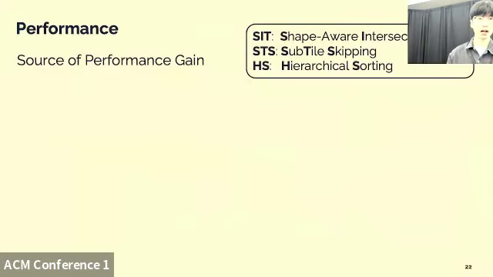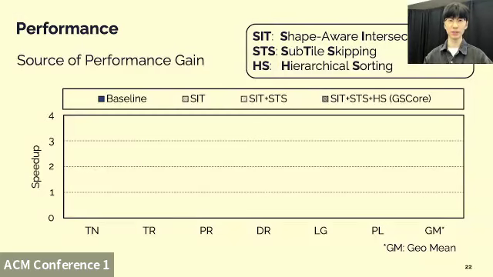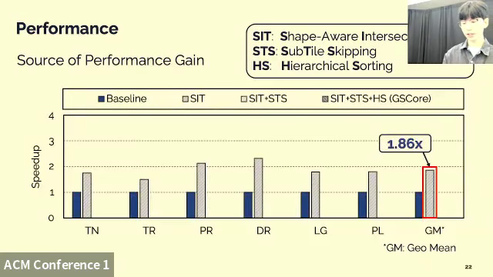In detail, I will show the speed up when applying our algorithmic optimization incrementally. So the baseline is the original implementation in GSCore. First, shape-aware intersection test reduces falsely assigned Gaussians, and it leads to about a 1.9x speedup.